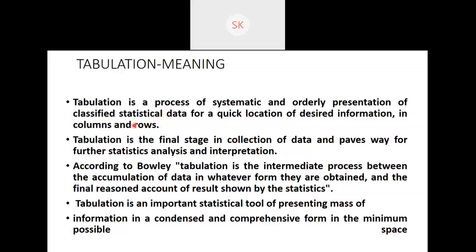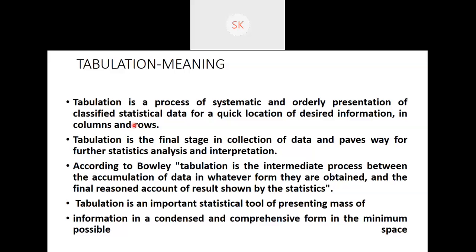Table numbers are also given. For example, in your textbook, table number 1, table number 2, all this will be given. So it is easy for people to go through the tables. If they want to search for any table, it is also easy by checking the table number. So that is called tabulation.